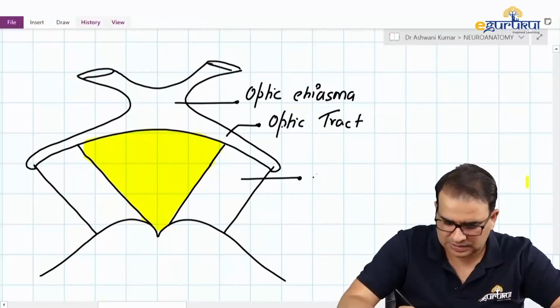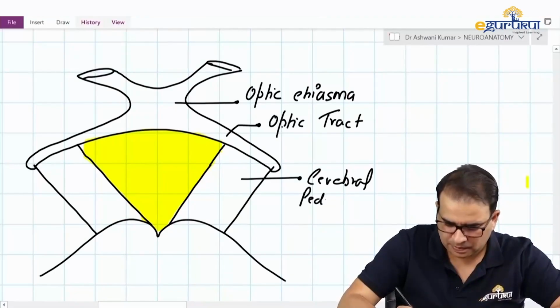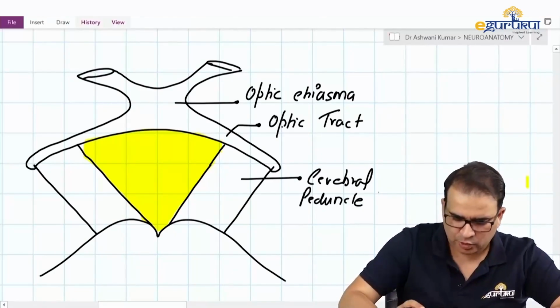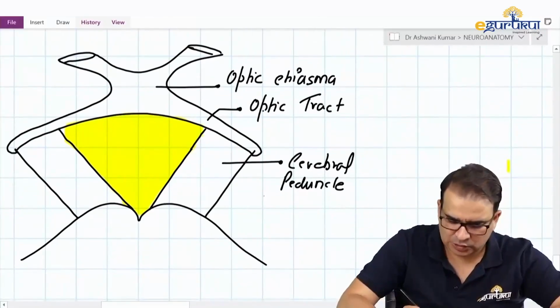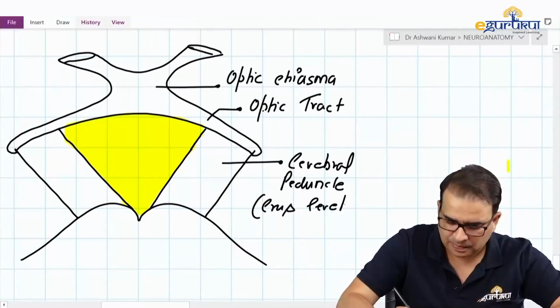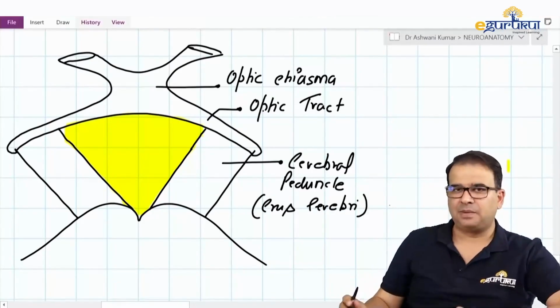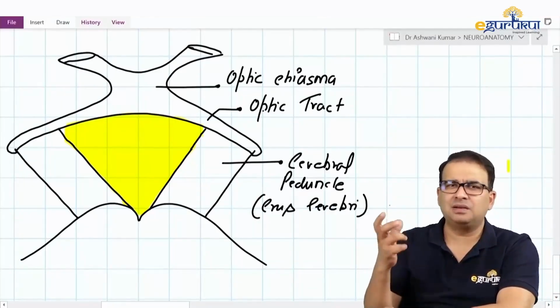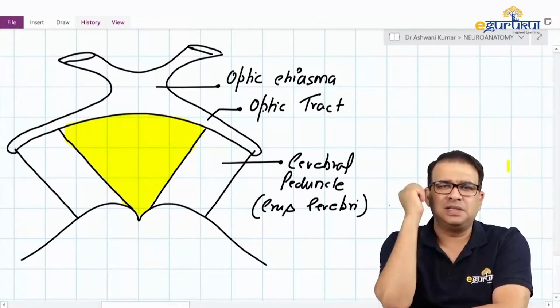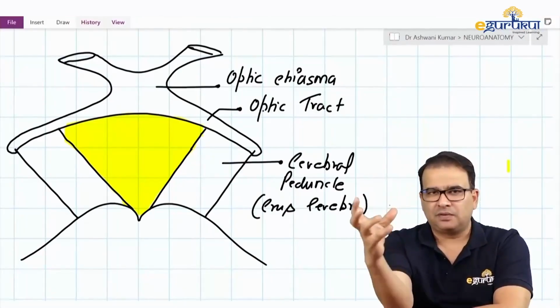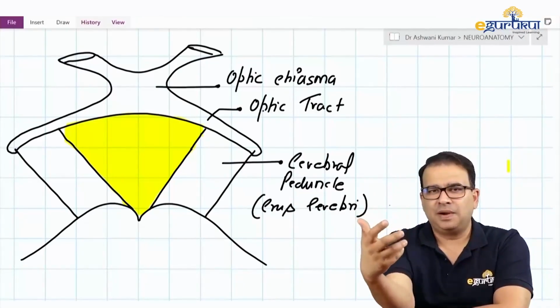And this is peduncle, the cerebral peduncle. I hope you know the other name of cerebral peduncle. It is also called as the crus cerebri. Peduncle or this crus means white matter only. It's a white matter tuft that you see, and we call it cerebral peduncle or crus cerebri.